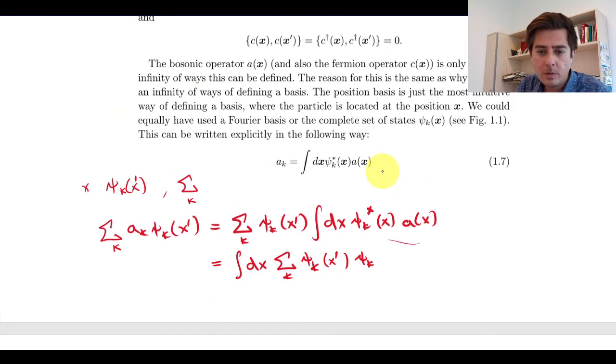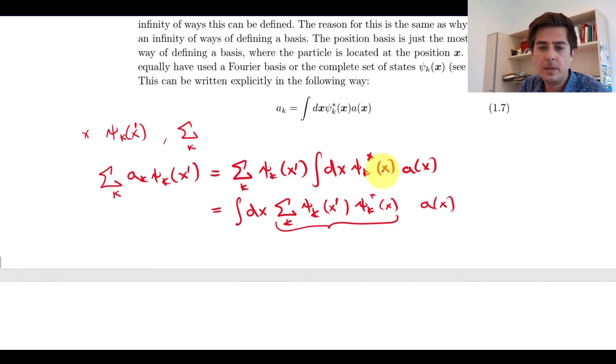This one has no k prime, and this one is a of x, and this stuff here, because of the completeness relation, we can write as delta function x minus x prime, and so this becomes a x prime.